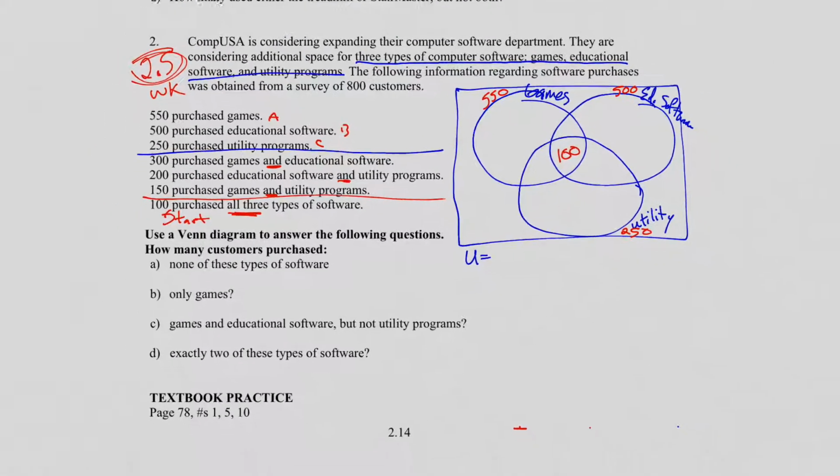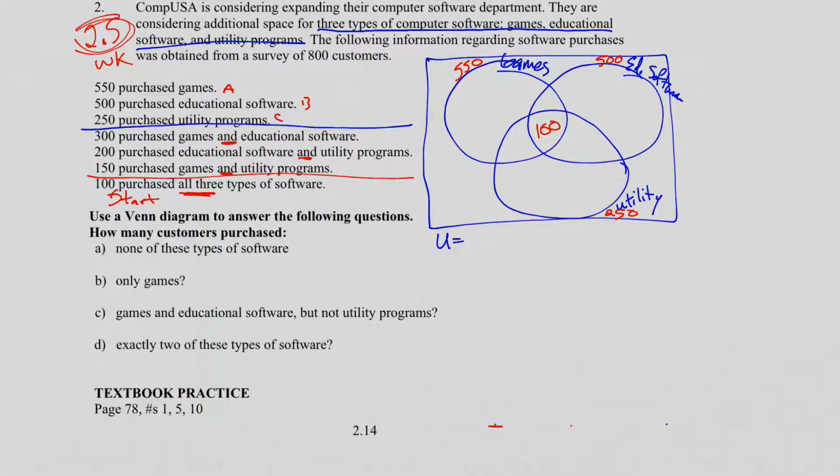Now the thing is, we already have the center marked off for 100.